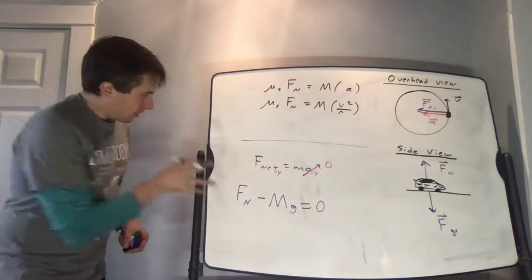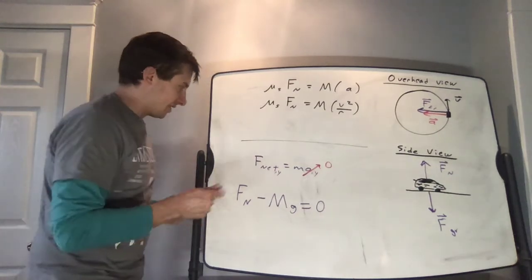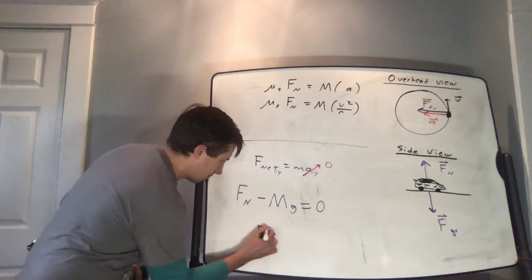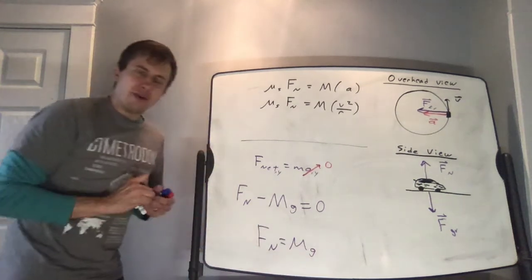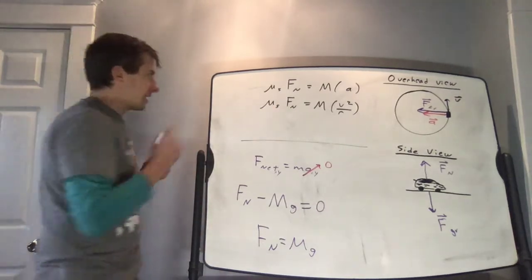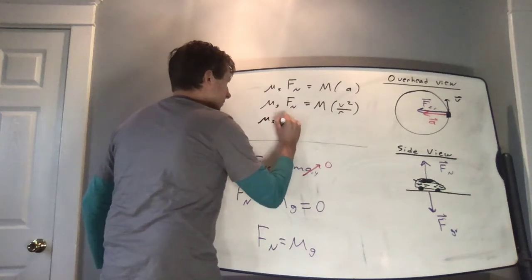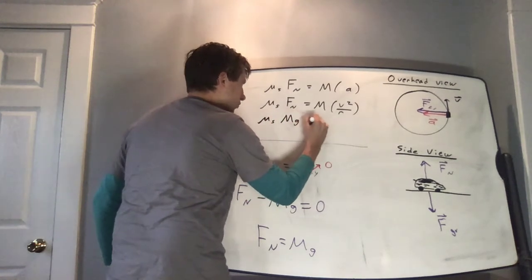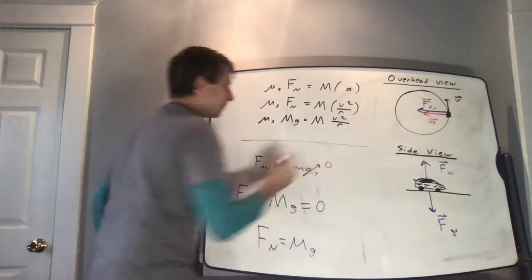Now, from down here, we found that the normal force is equal to mg. So if I want, I could plug this in up here, and I could say coefficient of static friction times big mg equals big M times v squared over r.